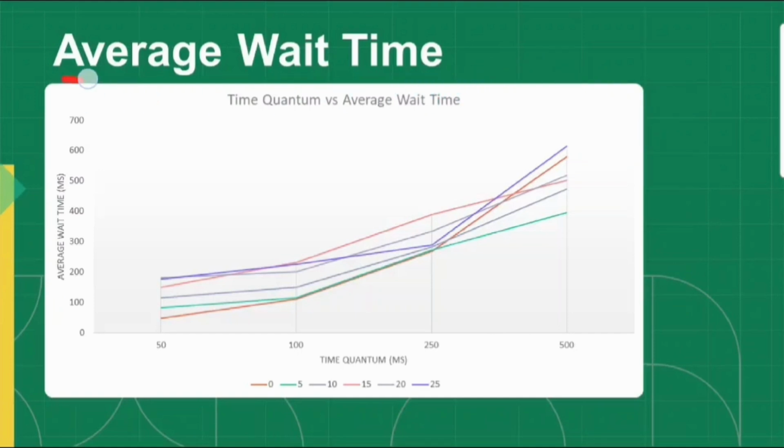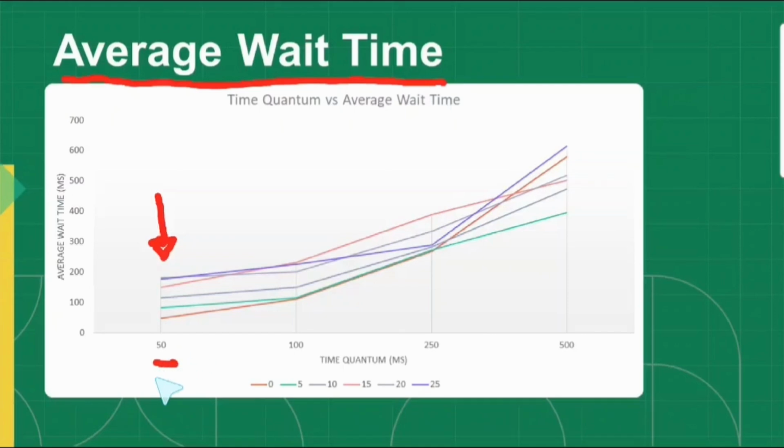Alright, now let's talk about figure 5, which deals with average wait time. This is the average time that each process spends waiting in the queue before getting CPU time, or average of first time process begins execute minus process arrive time. You'd think that smaller time quantum values would result in more waiting, but it's actually the opposite.